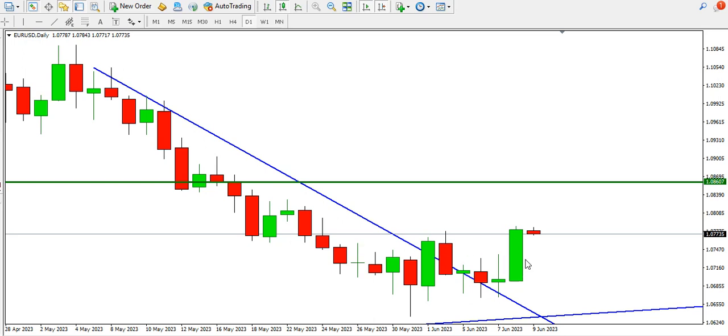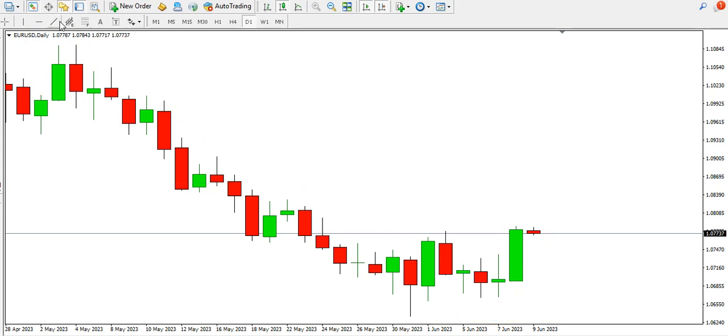So that clearly indicates that the buyers are gradually stepping into the market. So we might want to allow price to retrace a bit before trying to buy EURUSD to the top side.